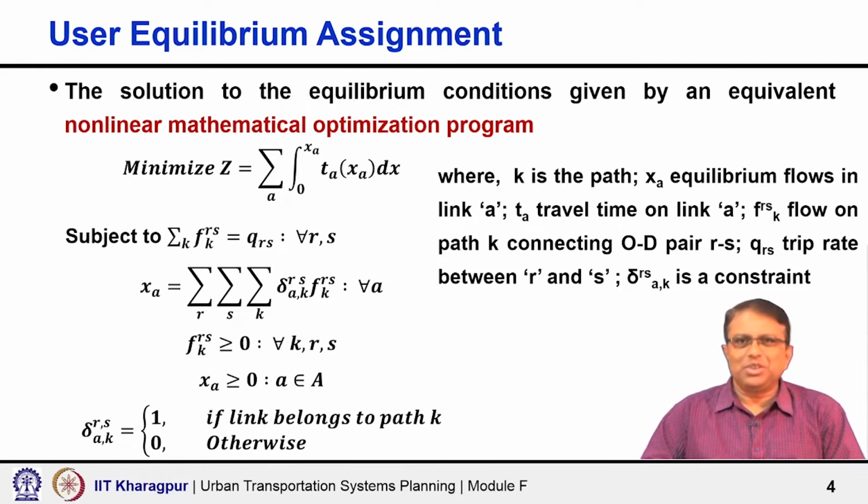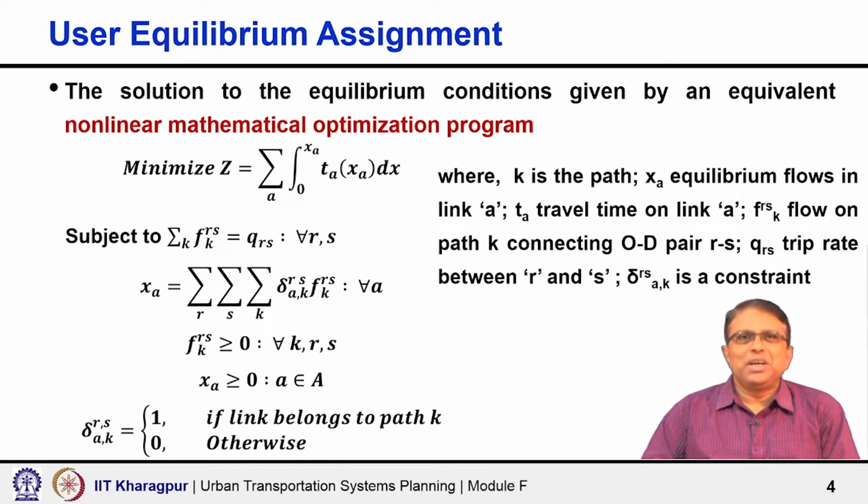So, the integral of t a of x into d x, with limits 0 to x a, is for path a, and I want the total area, so sum over all a, all the paths or all the routes.